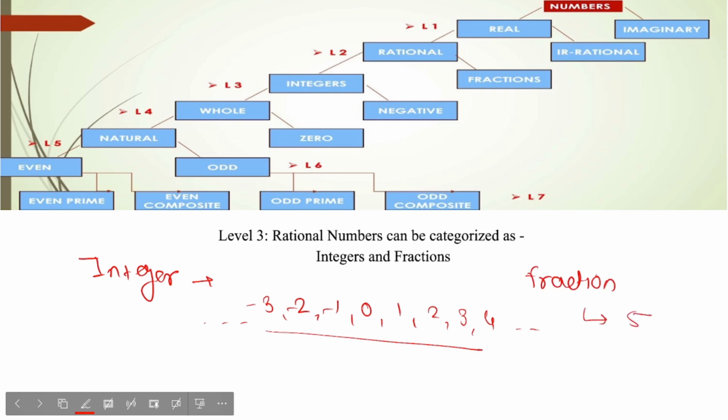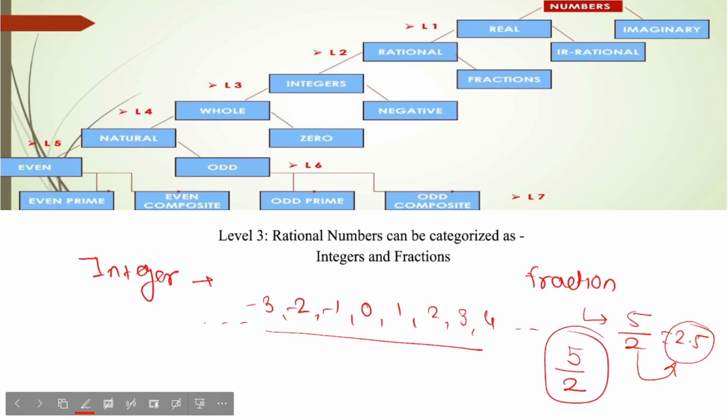For example, we divide 5 by 2 and get the value 2.5. This is a fraction value. A fraction value is represented in decimal point format or in fraction format. If you don't want to represent it in decimal format, you can just keep it as 5 by 2. This is also a fraction value.